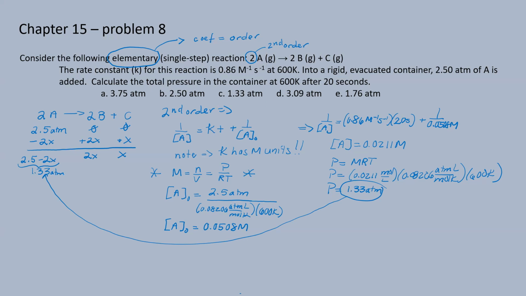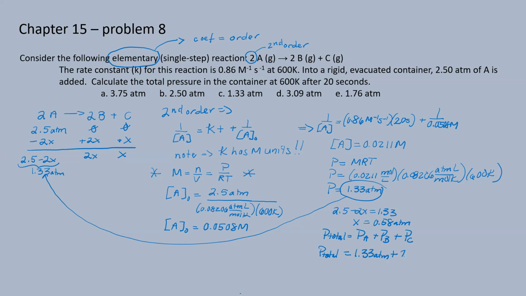So we could use that to solve for X. We could say 2.5 minus 2X equals 1.33. So X ends up being 0.58. So now if I want the total pressure, that's the pressure of A plus the pressure of B plus the pressure of C. So A, we already know 1.33.